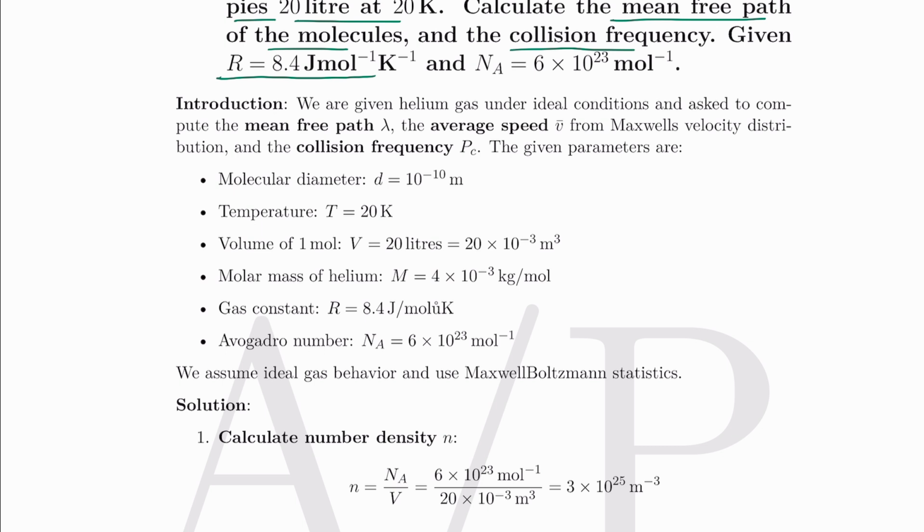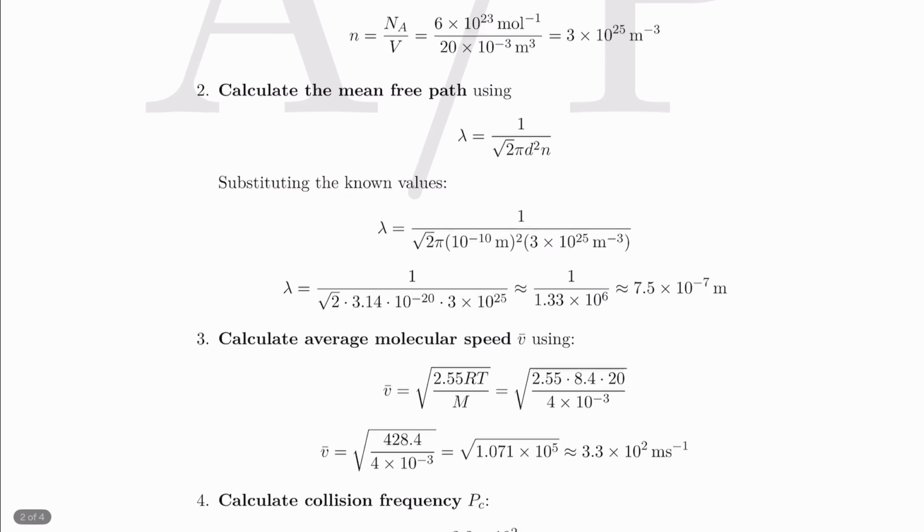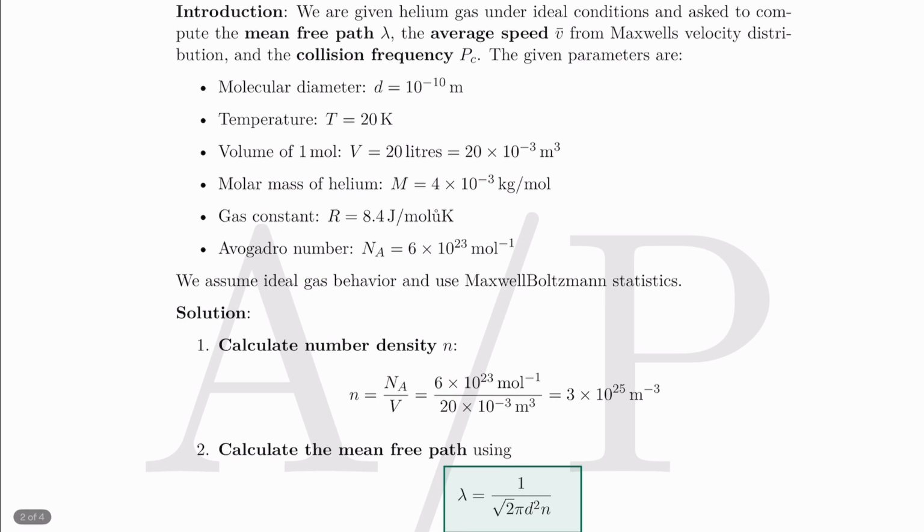So the particular way to solve such a question is to at first recall what is the mean free path. So this is mean free path, where we have 1 divided by root 2 pi d square n. And here we have d equals to 10 to the power minus 10 meter, given in the question.